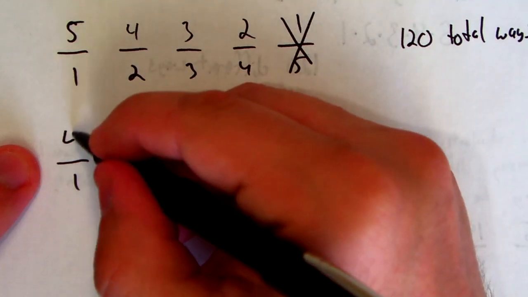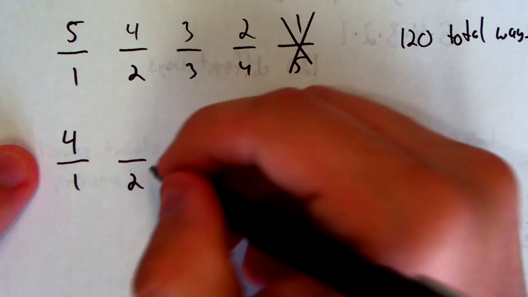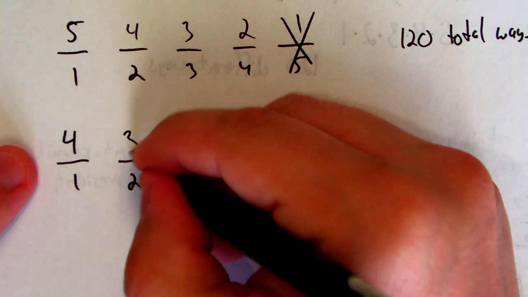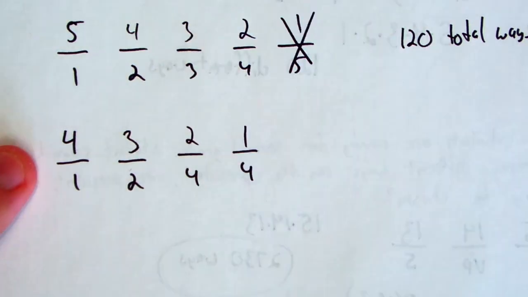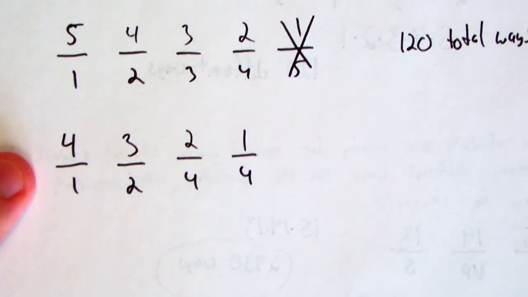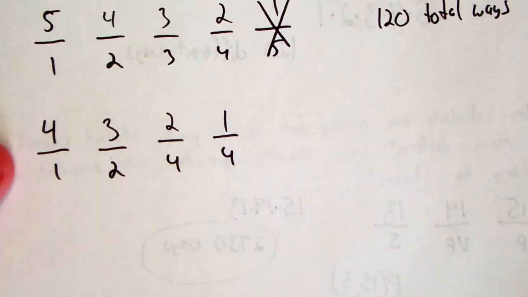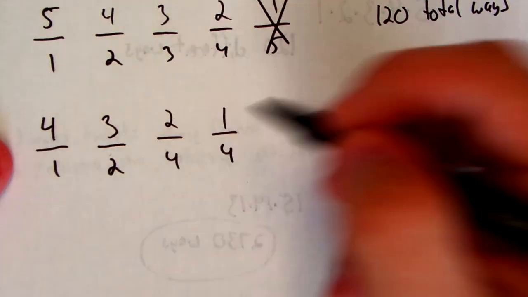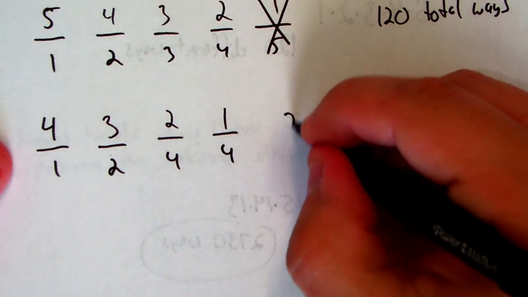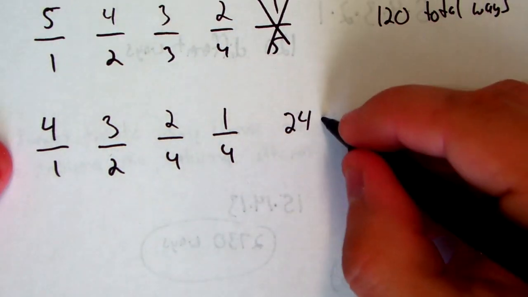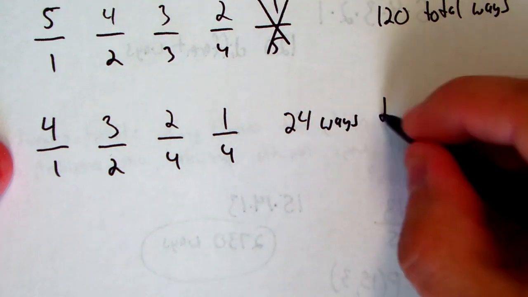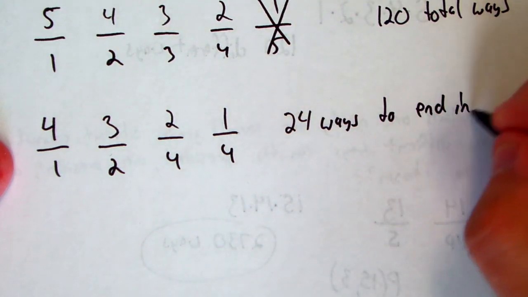So for the first opening, we only have 4 options. For the second opening, we only have 3, then 2, and 1, because we've already dealt with this 5. So 4 times 3 times 2 times 1 is 24 ways to end in a 5.